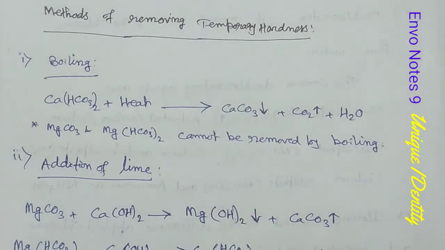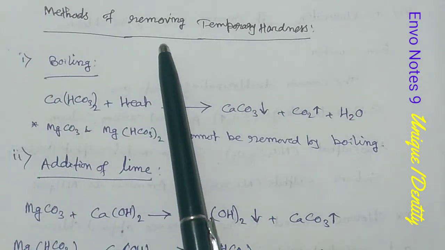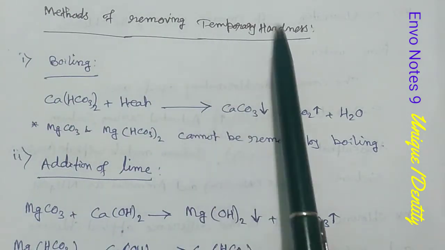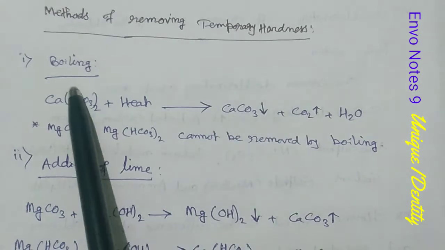And permanent hardness is caused by the chloride, sulfate, or other salts of calcium and magnesium ions. Now first we are discussing the methods of removing temporary hardness.